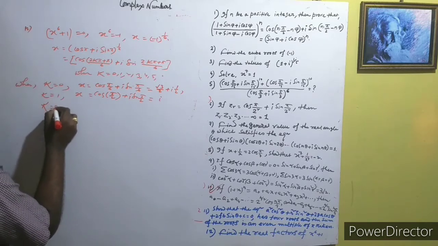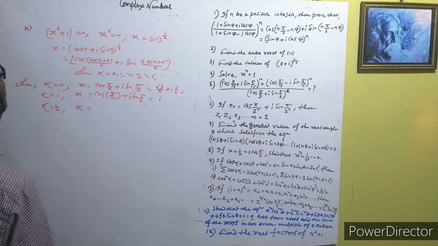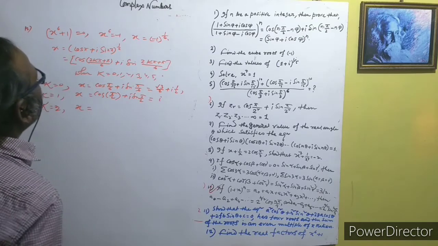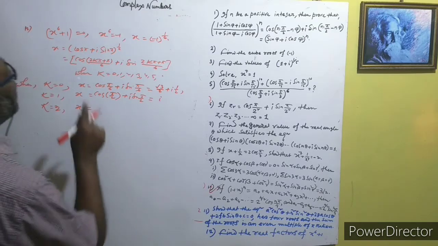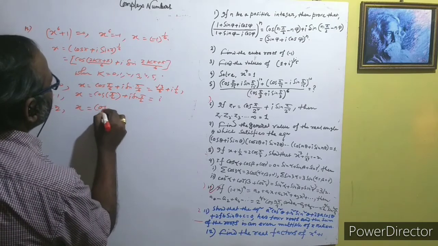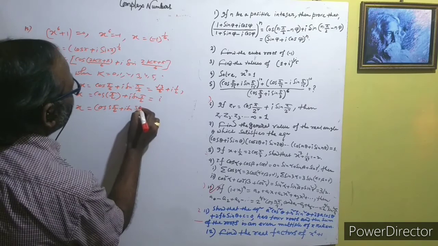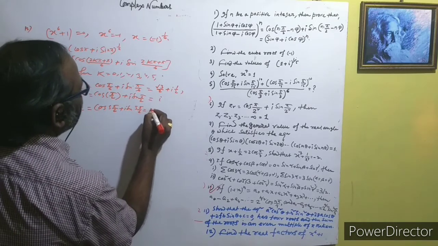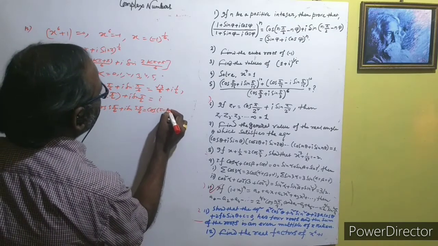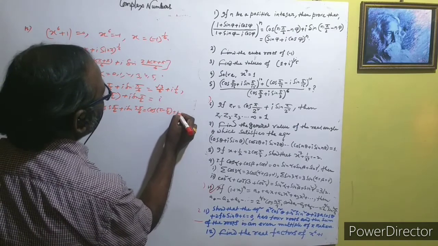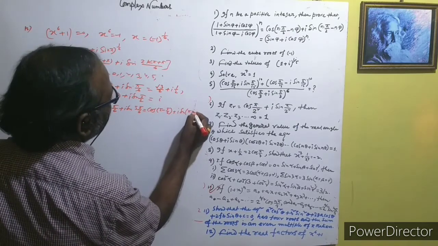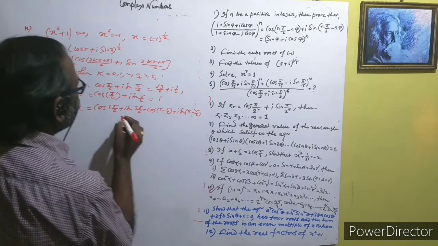When k is equal to 2, if we put 2, we get 4 plus 1, 5, so this is 5 pi by 6. This is cos 5 pi by 6 plus i sin 5 pi by 6, that is cos (pi minus pi by 6) plus i sin (pi minus pi by 6).